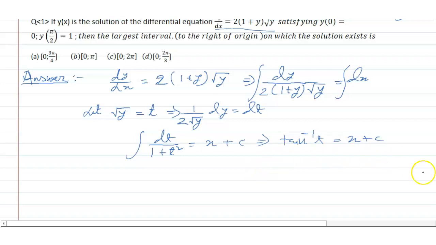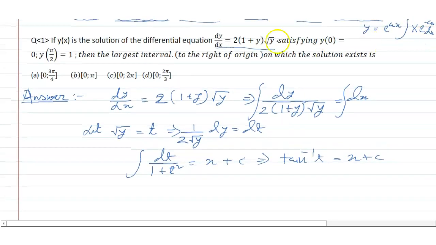Now you will see the condition. The boundary condition is y = 0 at x = 0, and y(π/2) = 1. So I put the value when x is equal to π/2, y is equal to 1.